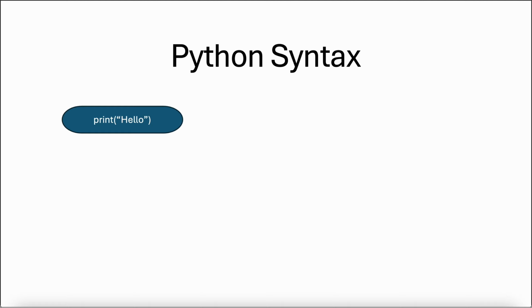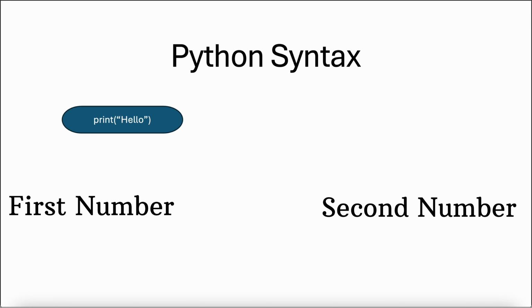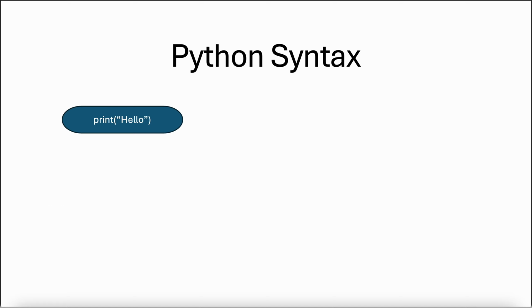Let's say you want to do some mathematical calculations like adding, multiplying, or dividing two numbers. You have to put the first number, then the second number, and in between them the mathematical operation. Similarly in Python, we always have to follow a format to write the code.